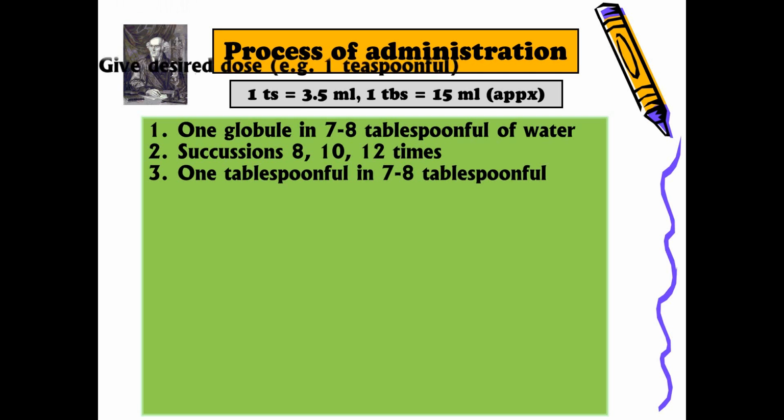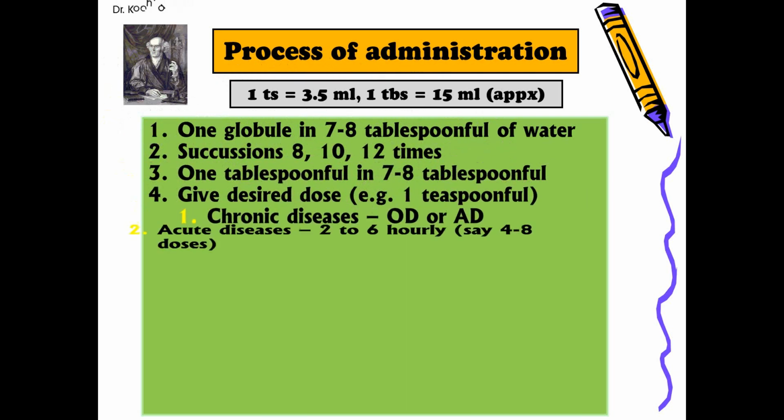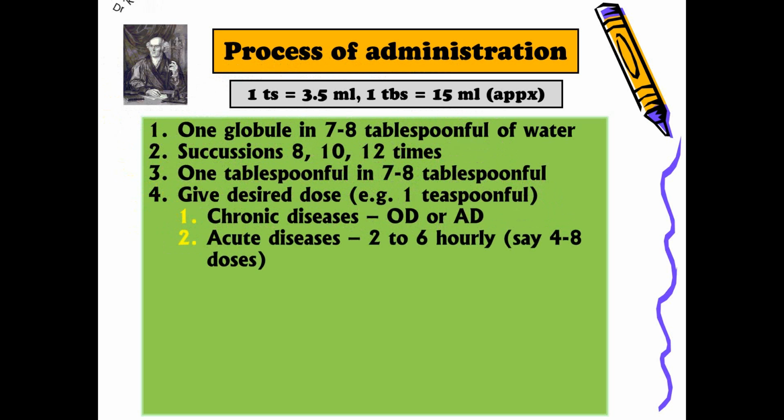Then from here, give the desired dose. That is, you may give 1, you may give 2, depending on the patient, 1 teaspoonful. Then in chronic diseases, it can be given either once a day, daily once, or alternate days.